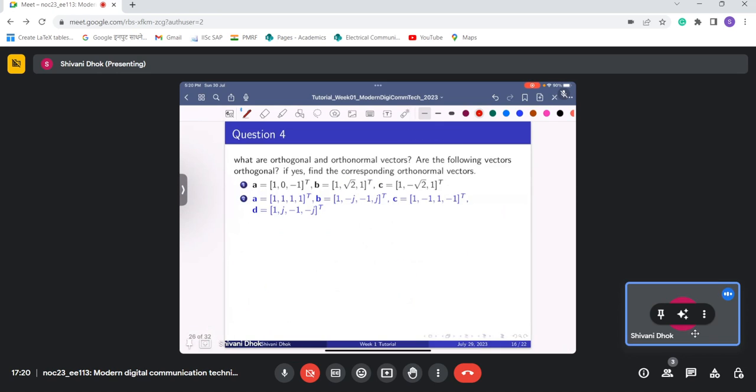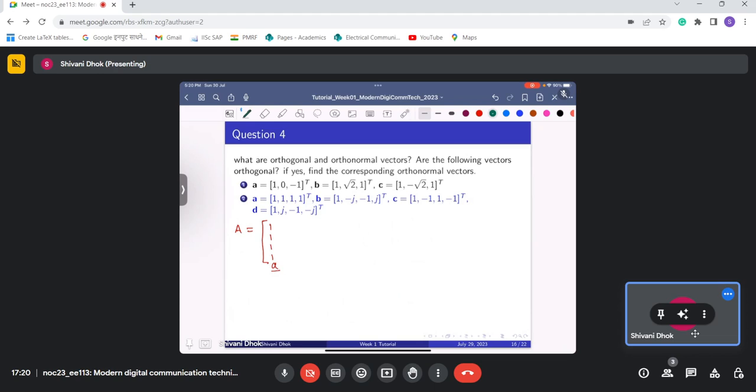So let us use this to solve the next question. We have been given these 4 vectors, and we need to check if they are orthogonal or not. So what we'll do is stack these as columns. Let's say this matrix A is 1 1 1 1, this is A bar.